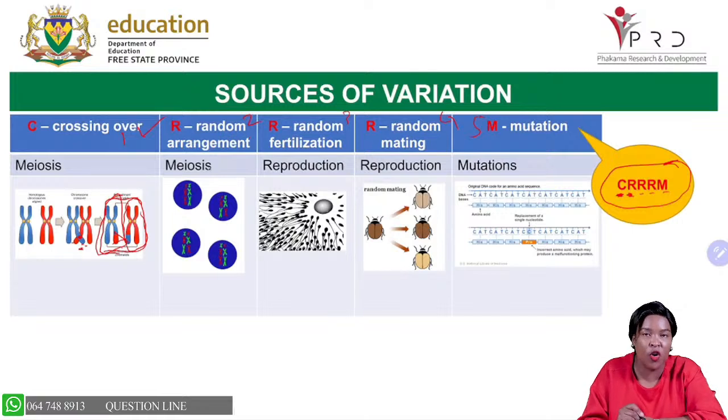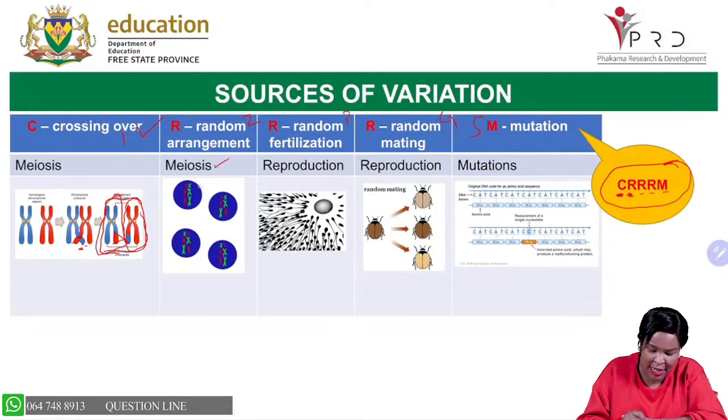The second source of variation is random arrangement. Random arrangement of chromosomes also happens in meiosis. Look at the chromosomes in this first cell. The green ones are aligned on this side and the red ones on this side. But in this one, there is 1 green one on the left, 2 green ones on the right, and vice versa with the red ones. They have changed.